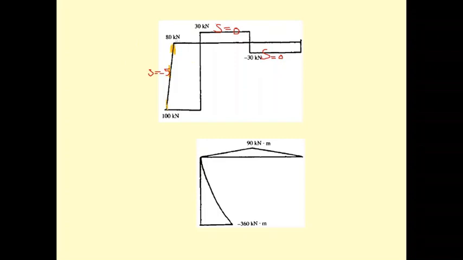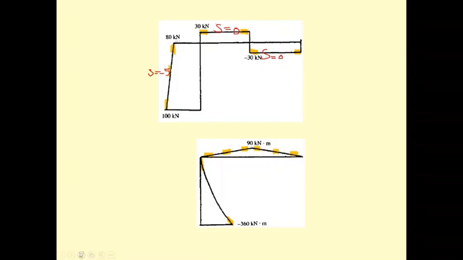Just mark this to highlight it: this is 0, this is 0, this is 0, and this is 0. So it's going to be very clear how it comes. Also you have the slope here of 100, and the slope here of 80, and then the slopes here of 30, minus 30, minus 30, and minus 30.